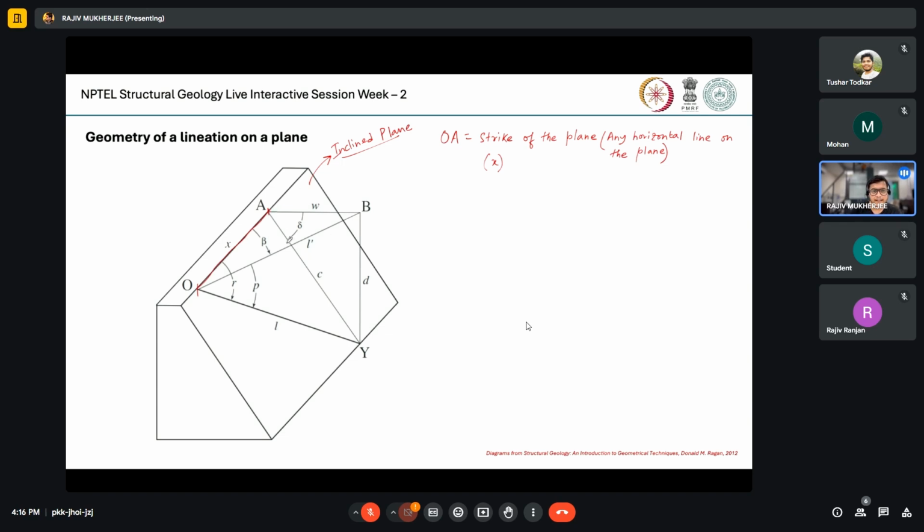We can see that the plane is dipping by its maximum amount along this direction, the line AY.